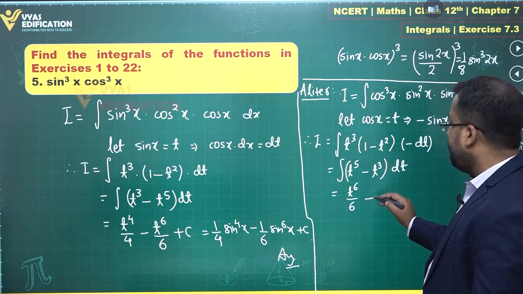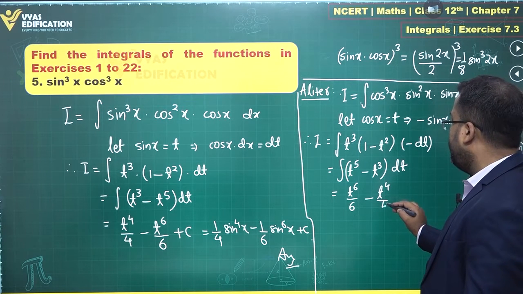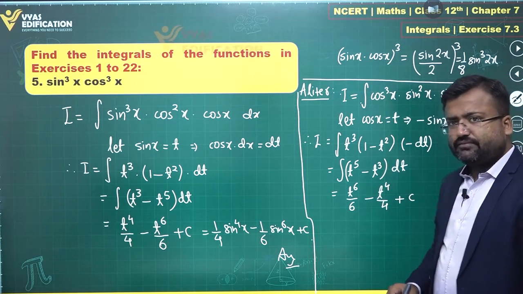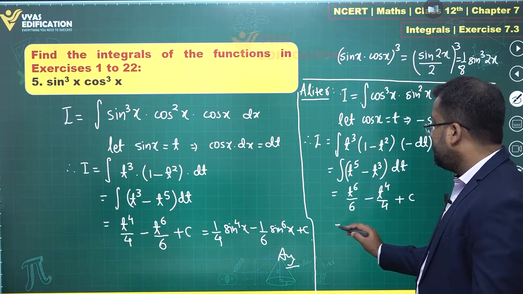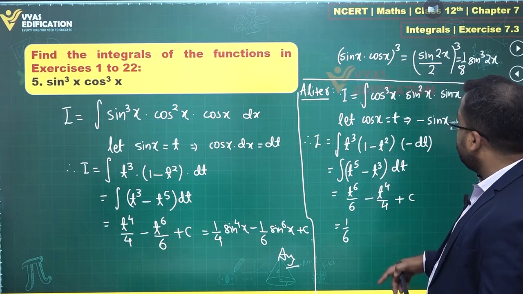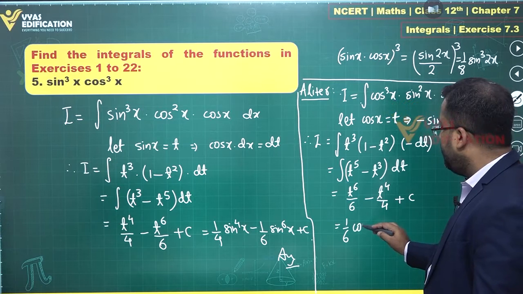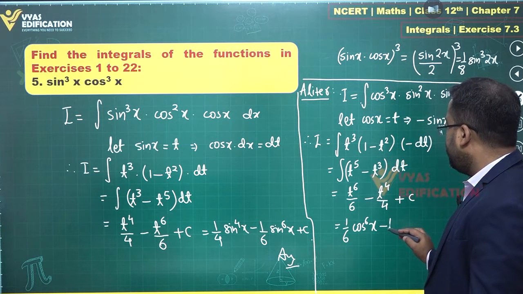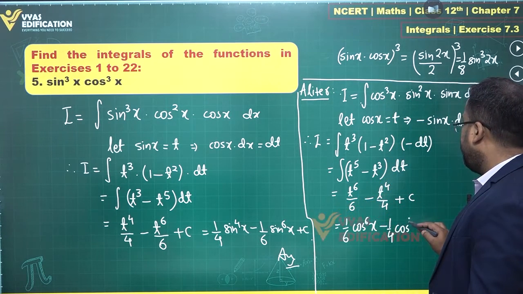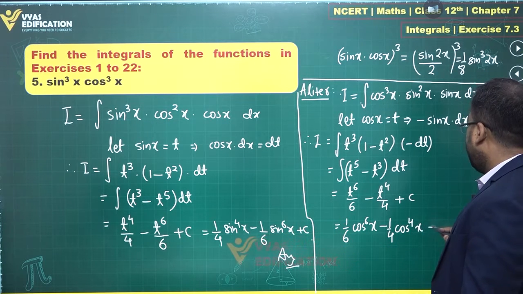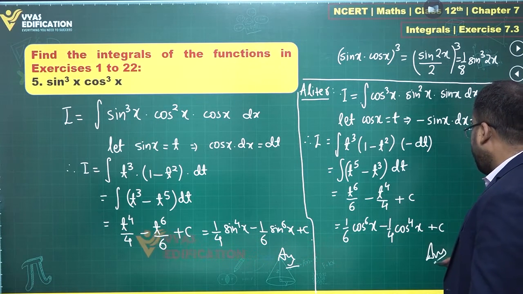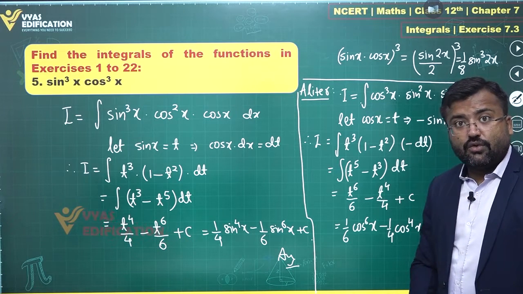Integral of t power 3 will be t power 4 upon 4, plus a constant of integration. This is 1 by 6 t power 6, which is cos power 6x, minus 1 by 4 cos power 4x, plus constant, and that is the required answer for this question.